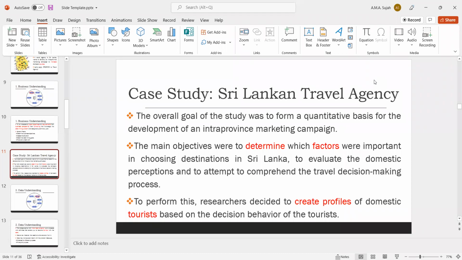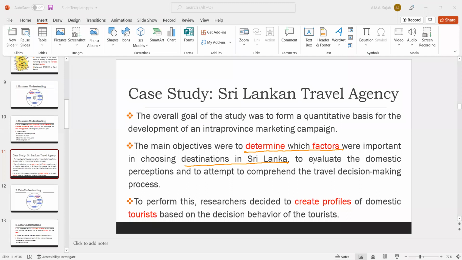As business understanding, the major objective is to determine the factors that influence interest, the factors for choosing different places in Sri Lanka.